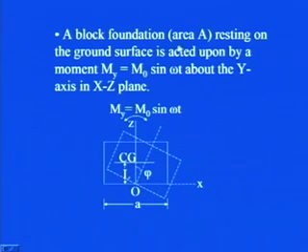A block foundation with area A resting on the ground surface is acted upon by a moment My, which is equal to M naught sin omega t about the y axis in the xz plane. You can see that this is your xz plane, and perpendicular to that, if you apply the moment, the rotation of the block will take place in this manner, which has been shown by the dotted lines, and the rotation angle is phi.